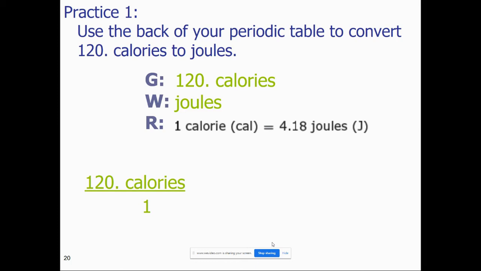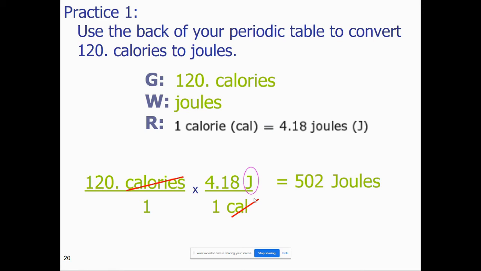Notice the units are always in the problem. We're going to use this equivalent statement, this ratio. We're going to put the 1 calorie on the bottom, so it cancels with this calorie. But if we use that part, we need to use the top part, and that's going to go on top. So your calories are going to cancel out. You enter this into your calculator. You get 502 joules.